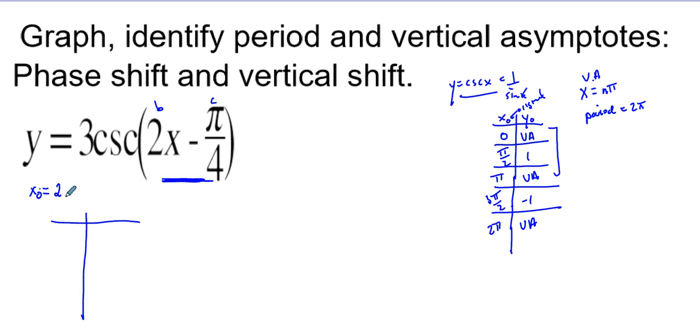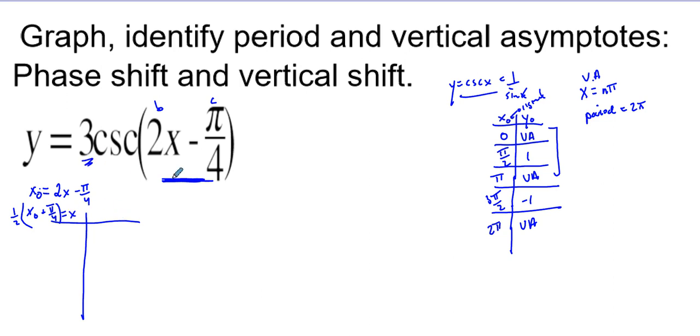I'm going to set that equal there and find out what I have to do to solve. First thing I'm going to do is add pi over 4, and then we're going to divide by 2 or multiply by 1/2. That is what we're going to do to get our new x values.